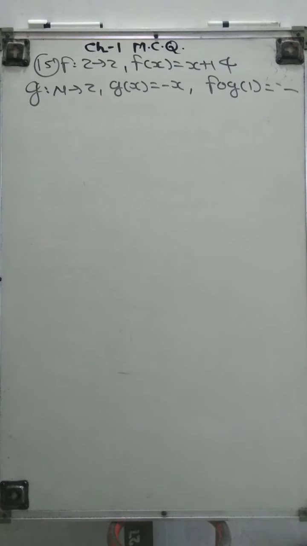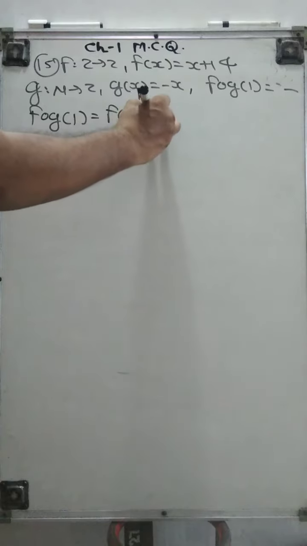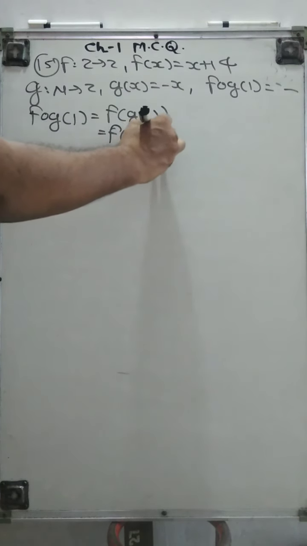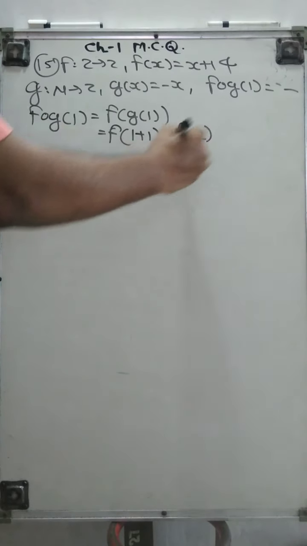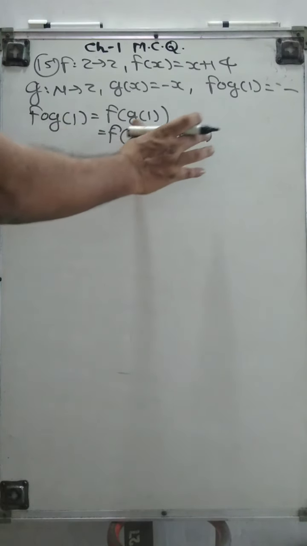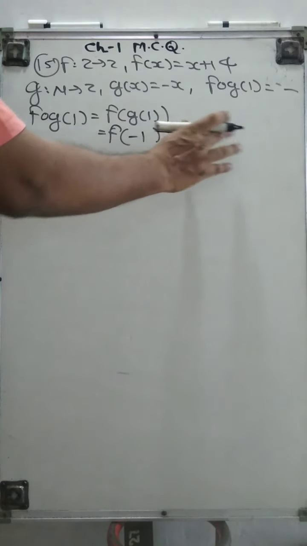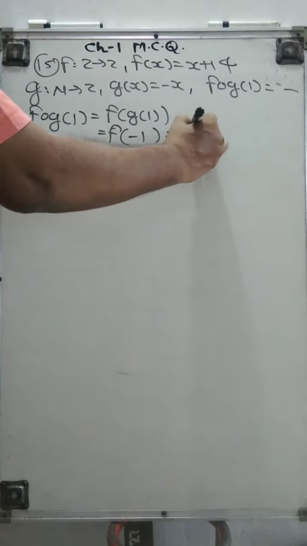Okay, this is the same kind of sum, but here f from Z to Z, fx equal to x plus 1, and gx is minus x, where g from N to Z is given. Then FOG1 is equal to dash. Here FOG1 is equal to f bracket g1. So we have f, and g1 is minus 1, and therefore f minus 1 is minus 1 plus 1.